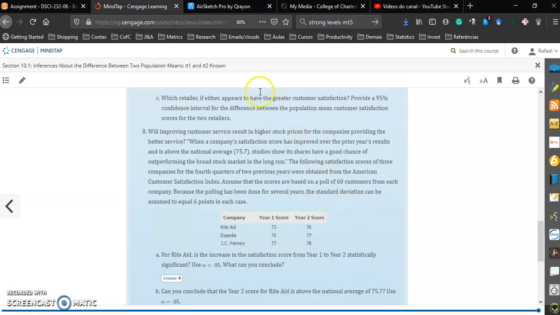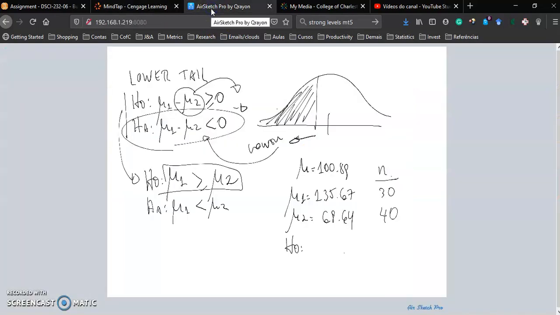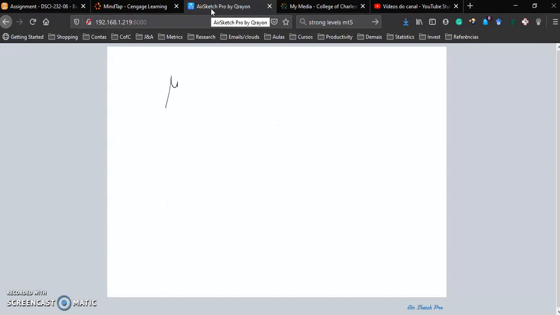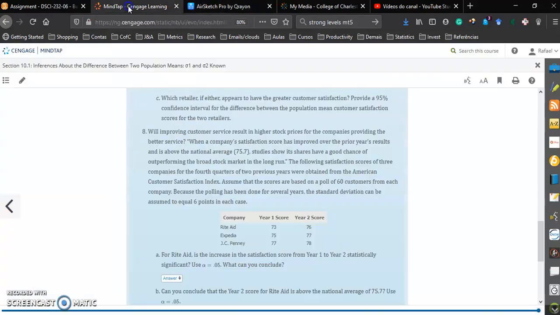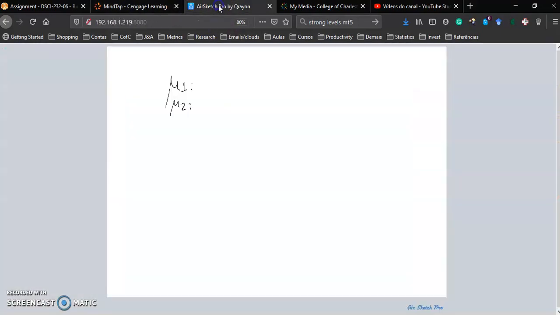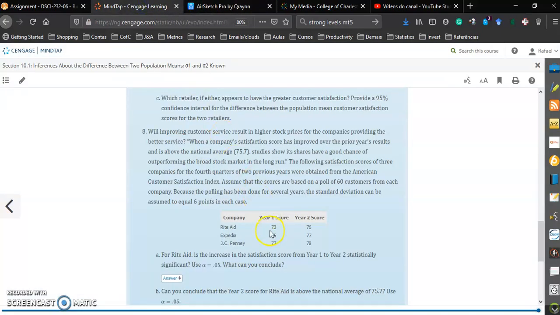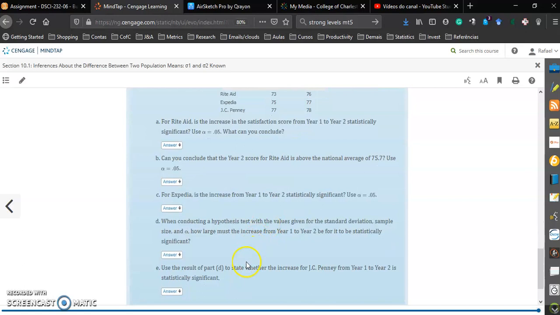So let me go back here to show you. Let me put here, I have mean year 1, I have mean year 2. These means are for J.C. Penney. The question is, I want to test if there is an increase from year 1 to year 2.